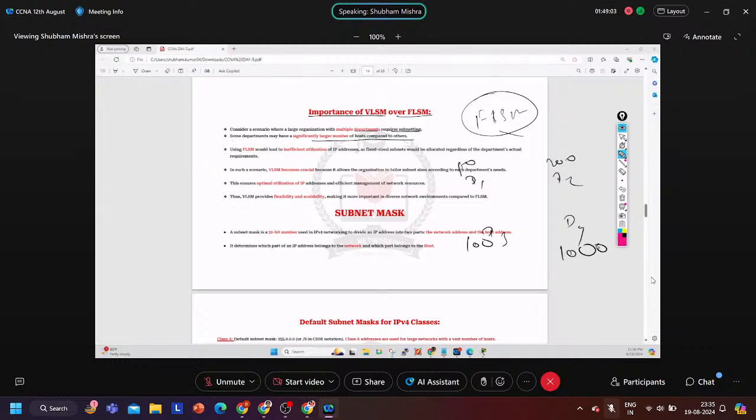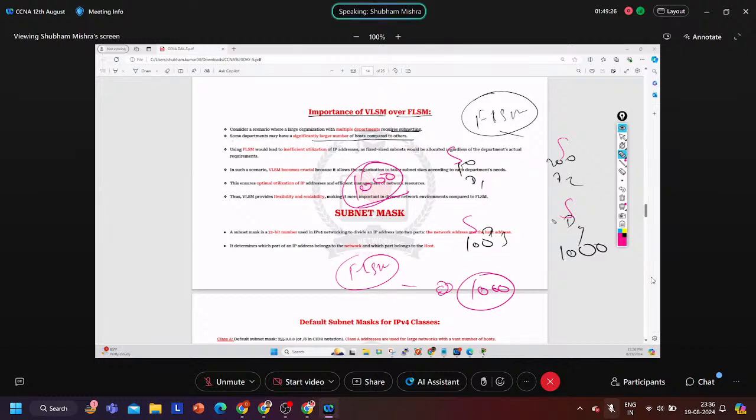Let's suppose we perform FLSM and we calculate the number of hosts according to 1000. So let's suppose I provide one subnet here, here, here. It means from each subnet, how many valid IP addresses? 1000. From each subnet, how many valid IP addresses? 1000.